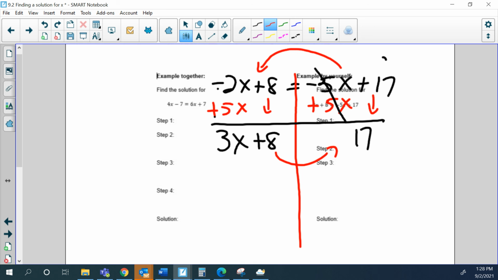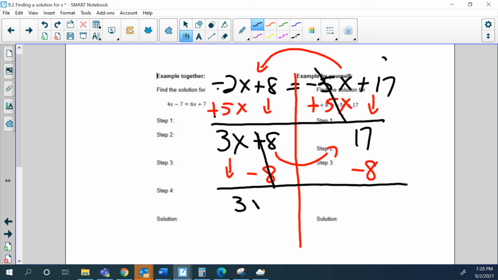So I'm going to minus an 8 there, minus an 8 there. Then I'm going to draw my line. This becomes 0. So all I'm left with now is just 3x on the left side. And on the right side, 17 minus 8 is going to be what? 9. That's going to be a positive 9.